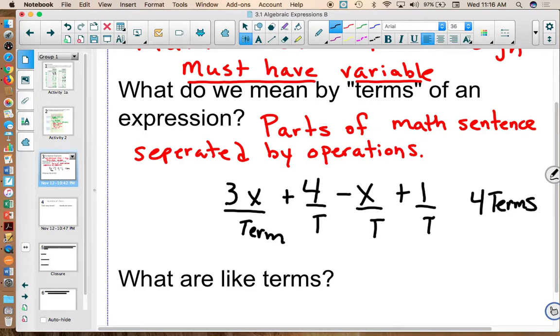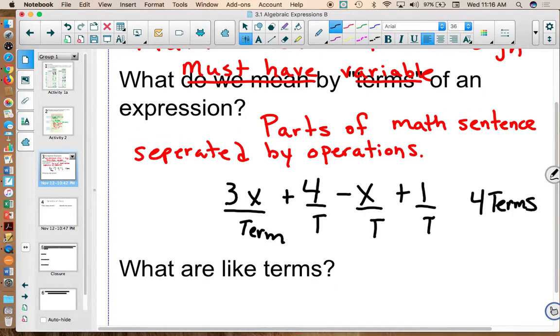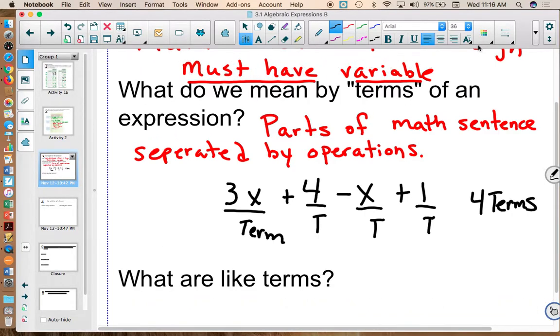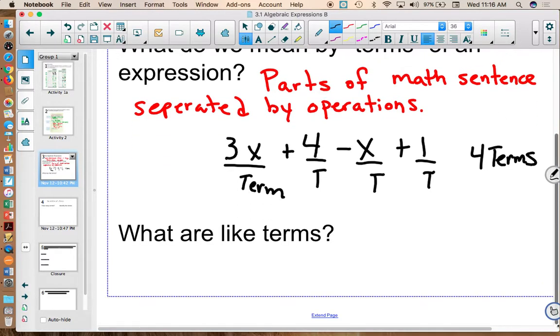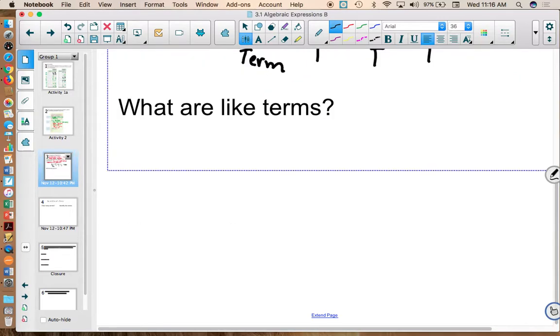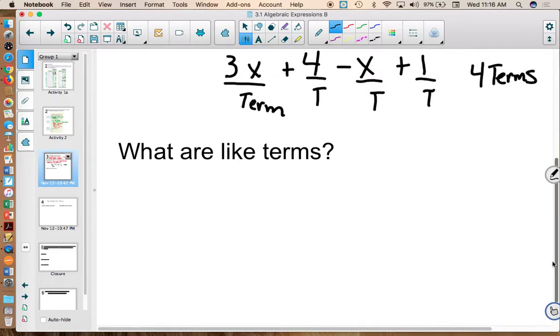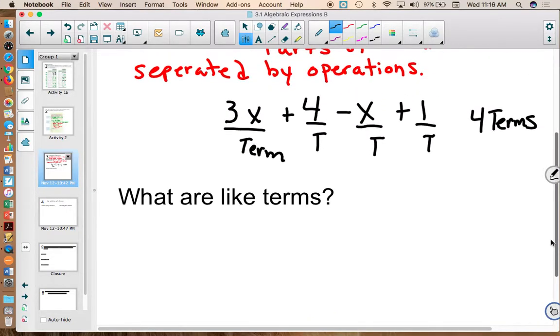Okay? All right. And then the next question is specifically, we want to know more about what are like terms. Okay, how would we define the like terms? What do you think, Wesley?